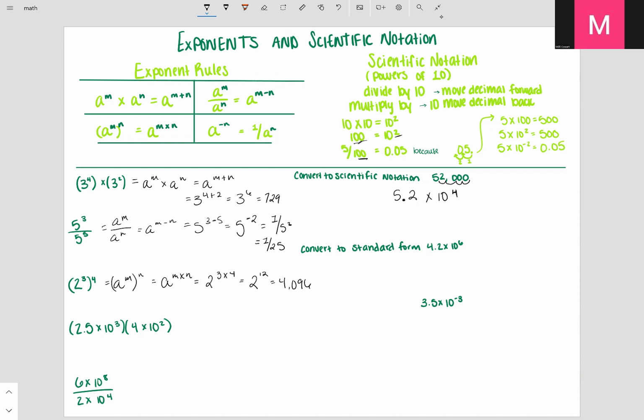And it's positive because we're making this number larger. And if we want to convert 4.2 times 10 to the 6th to standard form, we're going to move 4.2, 1, 2, 3, 4, 5, 6 places. So that means we'll have this many zeros.